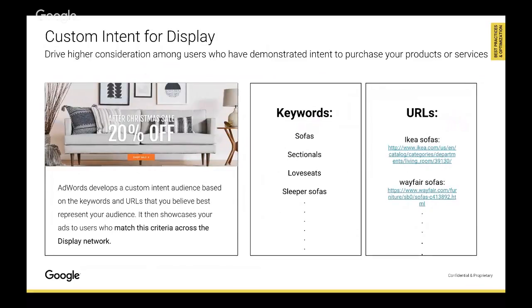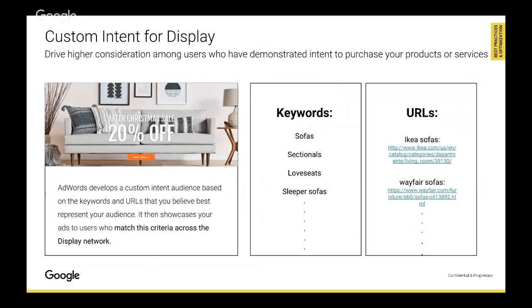So an example of this would be one of our furniture category advertisers, because they're selling furniture. When they create a custom intent, they will use keywords including all kinds of furniture: sofas, love seats, sleeper sofas. And in terms of URL, IKEA is one of the top brands in the furniture category.